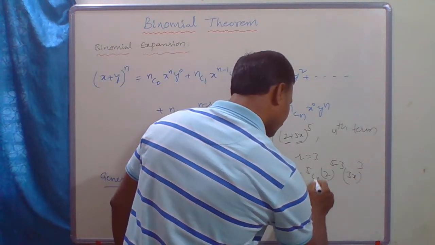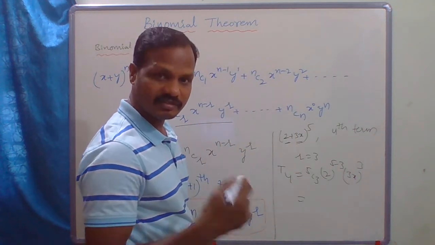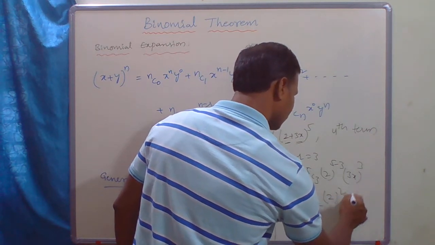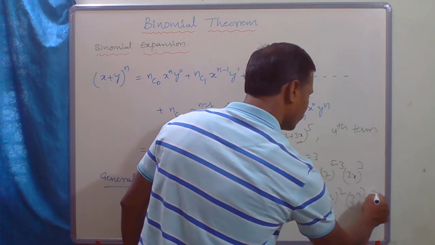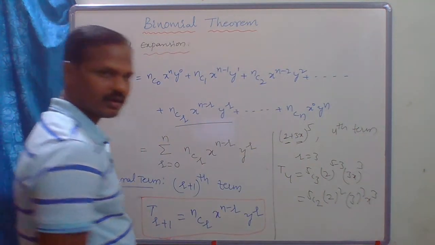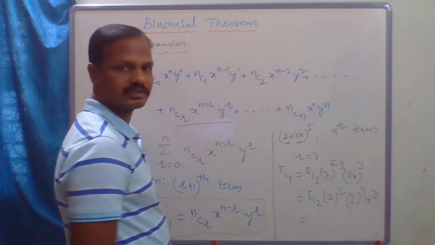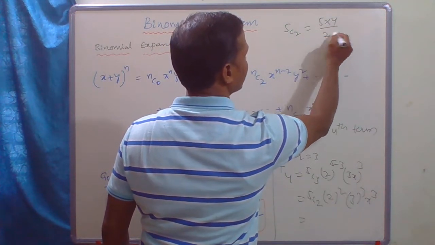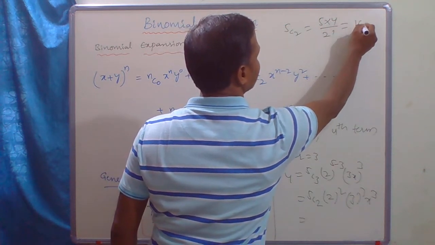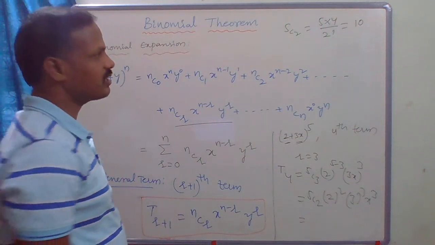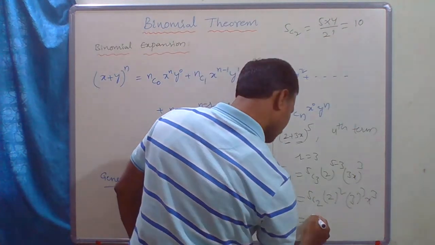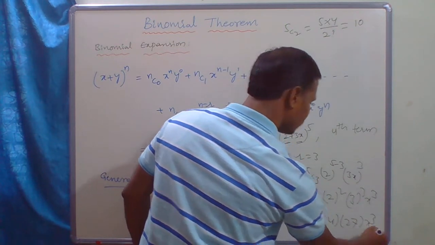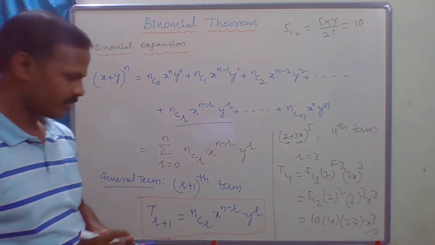By simplifying, 5C3 is nothing but 5C2, times 2 squared, times 3 cubed, times x cubed. Clear? Now 5C2 in short form is 5 into 4 by 2 factorial, which is equal to 10. So 10 into 4 into 27 into x cubed. That is the fourth term. Clear?